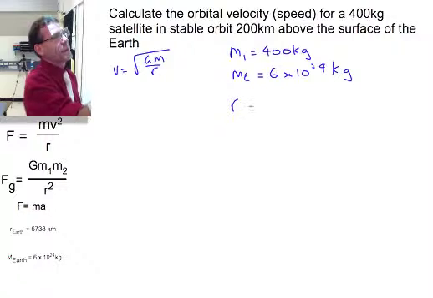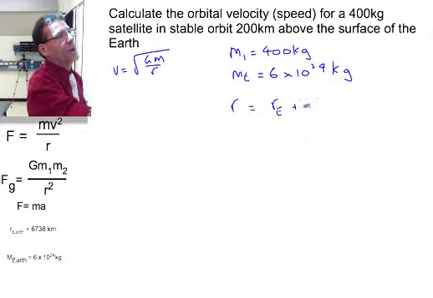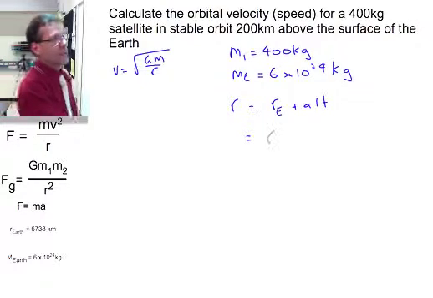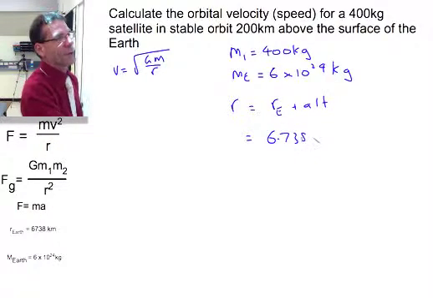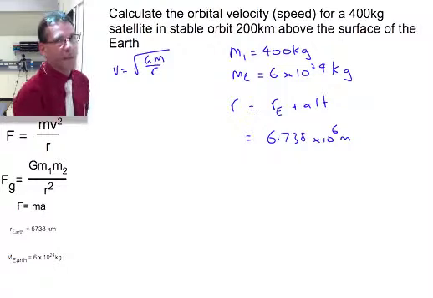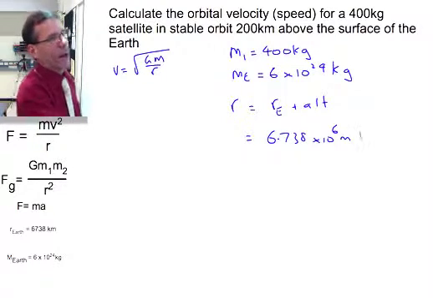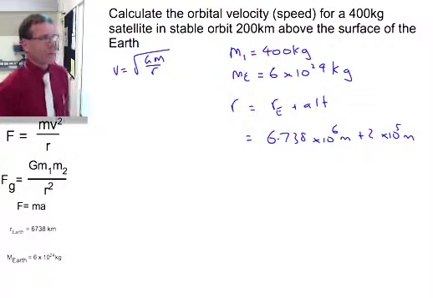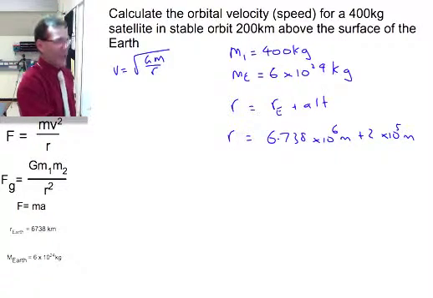Now, the radius is going to be equal to the radius of the Earth plus the altitude, how high above the Earth it is. The 6.738 times 10 to the 6 metres, converting that from kilometres into metres, plus 2 times 10 to the 5 metres for our 200 kilometres of altitude above it.